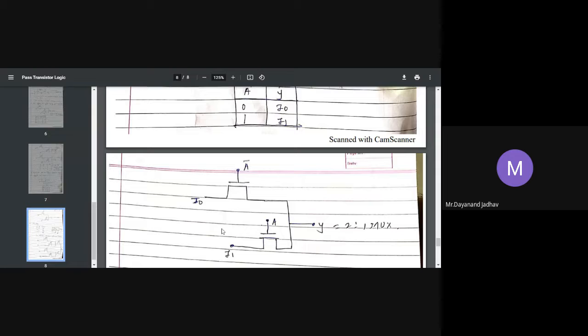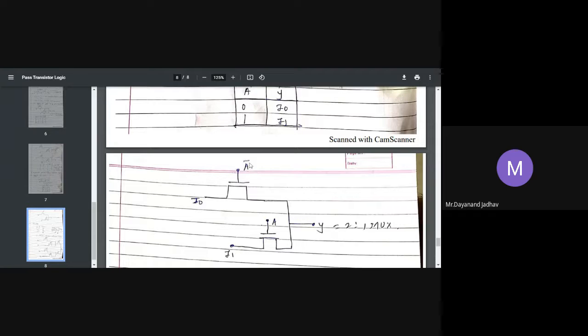We know by using the truth table, a and y: I0 a bar, I1 a. See the truth table: I1 a means 1, I0 a bar, therefore this a and I1 are to be implemented. These are the control signals.